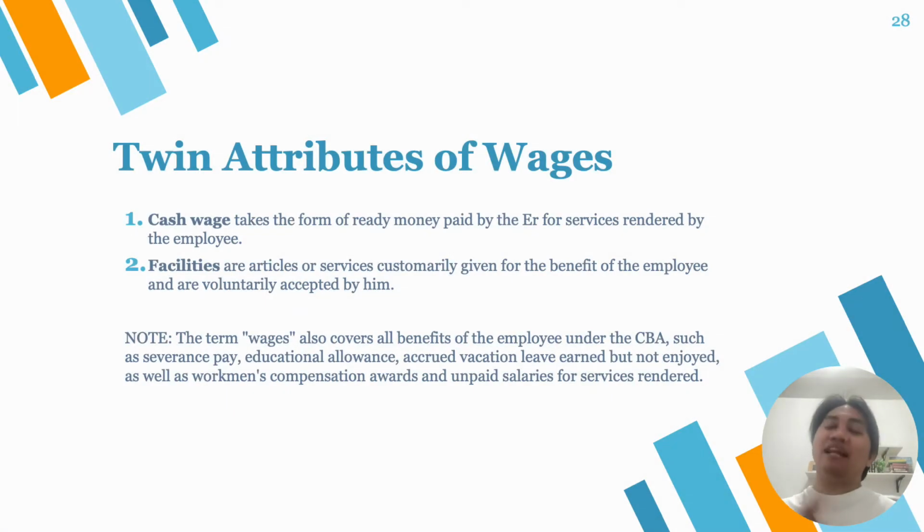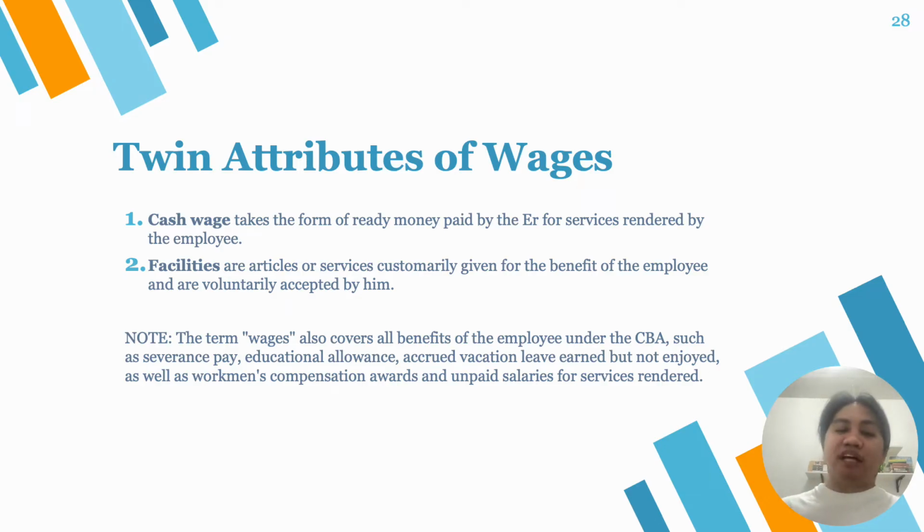Now, what are the twin attributes of wages? So first, we have the cash wage and the facilities. Cash wage will be the money, the real money paid by the employer for the services rendered by the employee. And second, facilities refers to the articles or services that are being given to the employee and are voluntarily accepted by the employee.